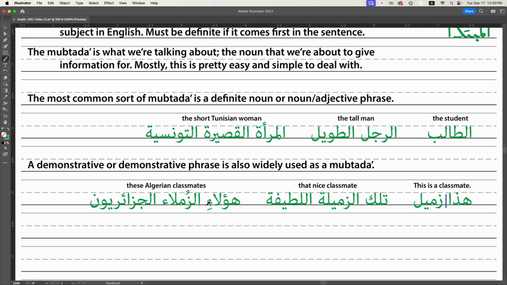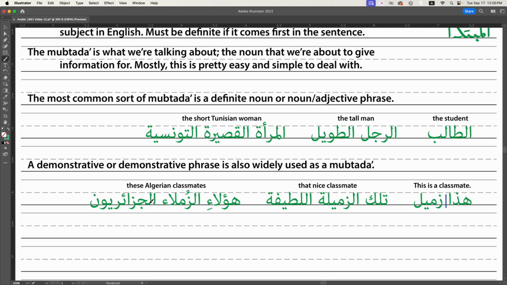And over here, we have the human plural for hadha, which is haula. It's a little bit of a mouthful to learn to say at first. Haula. And then zumala is the human plural of zamil. You could say zamilun. Everyone would understand you. And you'd gradually fill it in with, oh, it's zumala instead, because lots of common nouns have irregular human plurals.